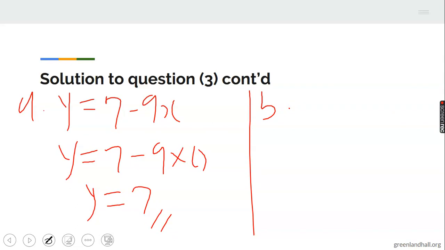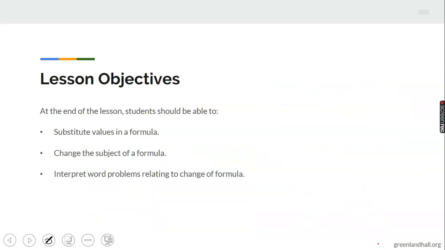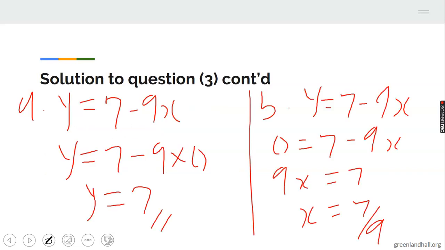Put y equals 0 here. Now we have y equals 7 minus 9x. That will be 0 equals 7 minus 9x. That will be 9x equals 7. That means x equals 7 over 9.